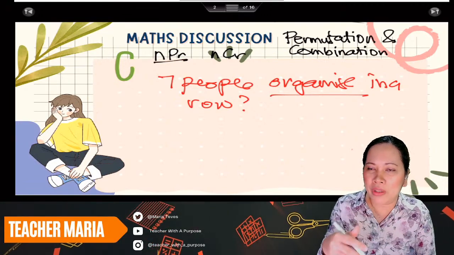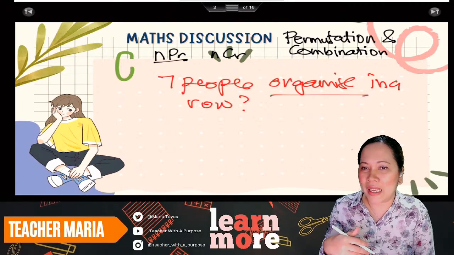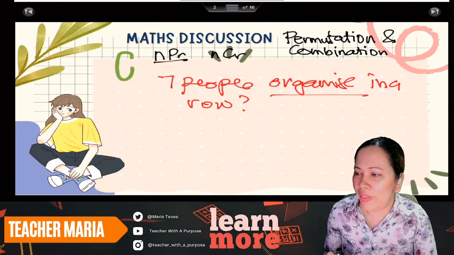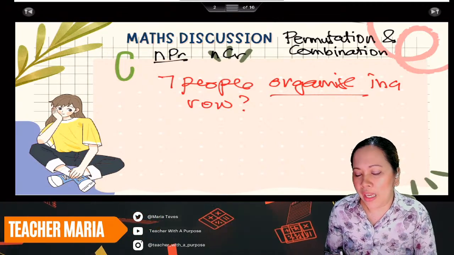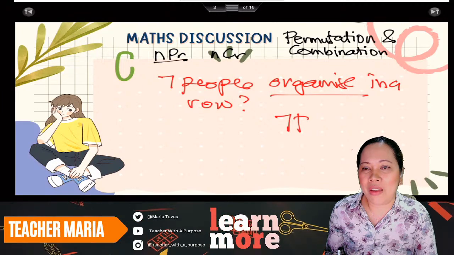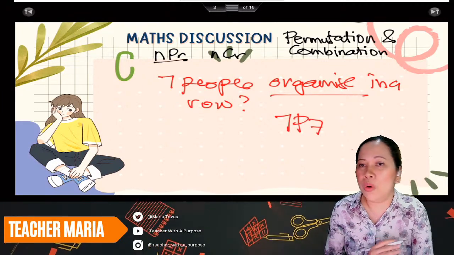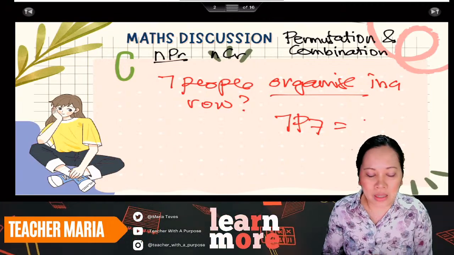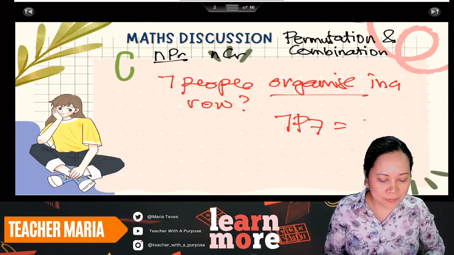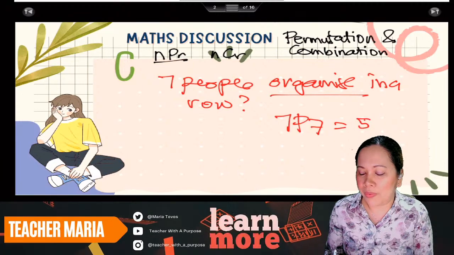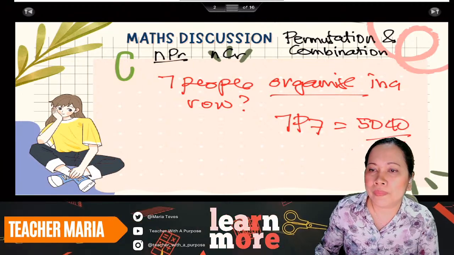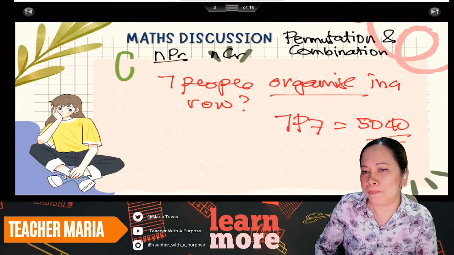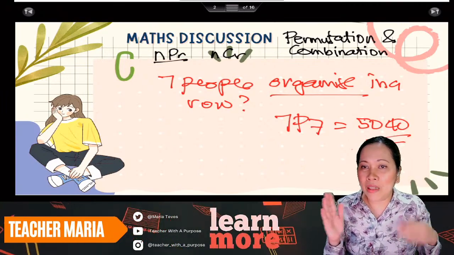It's either I'll be the first, or the second, or the third, or the fourth. You cannot be in two places at a time. So you will use permutation, which is 7P7, because you are to arrange the 7 people. That will be 5040 as well. So that is again permutation.